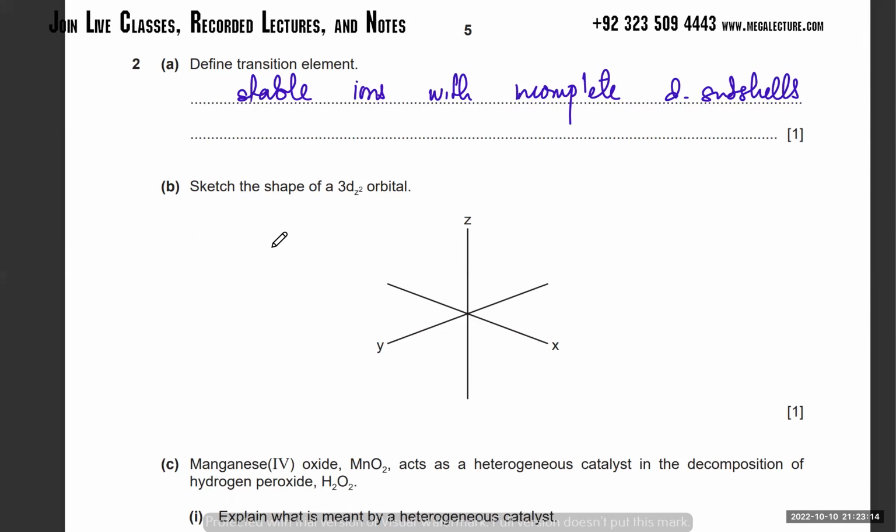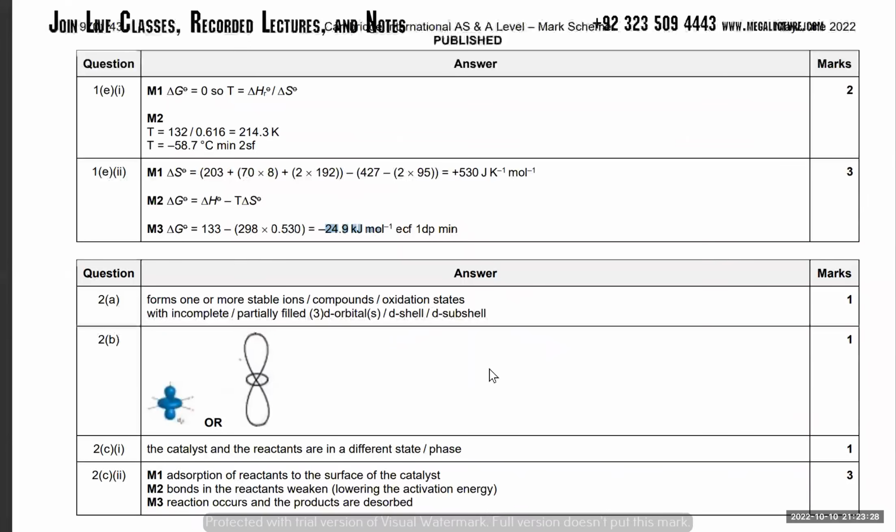So that's what a transition element is. Sketch the shape of a 3d z squared orbital. So that's like a p orbital with a donut-shaped ring in the middle. It's harder to draw this one, but that's exactly what they're looking for, right?